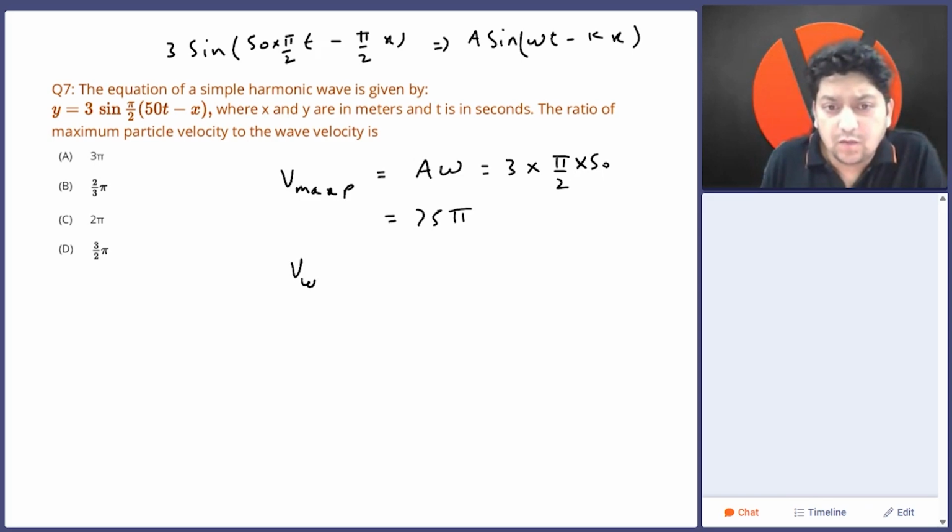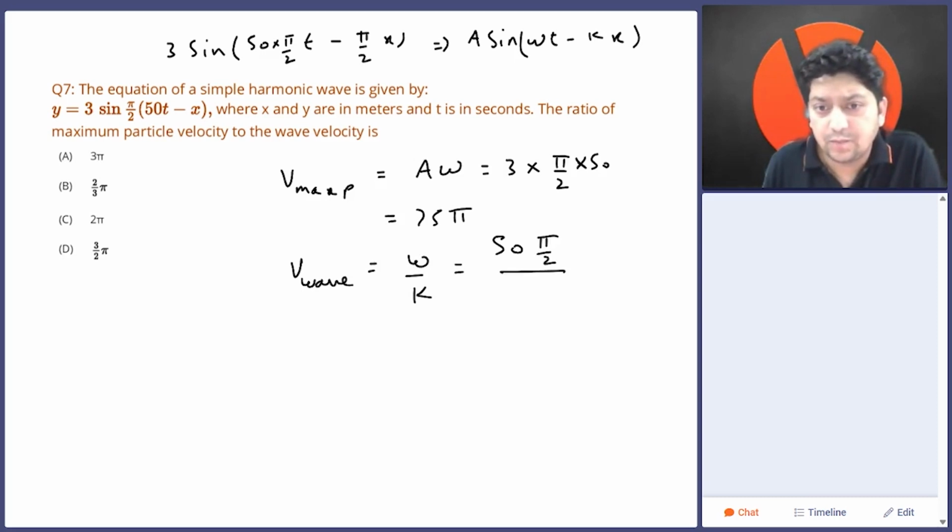Now the wave velocity is basically omega by k. Omega is 50 pi by 2, and k is again pi by 2. So the wave velocity is 50.